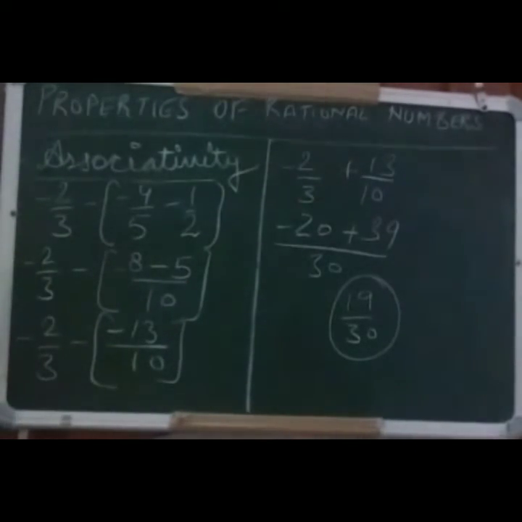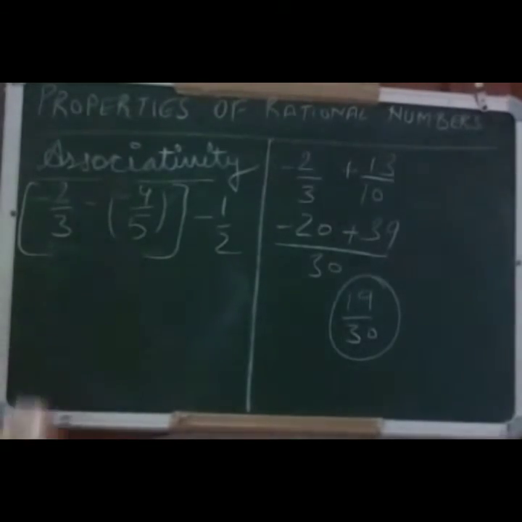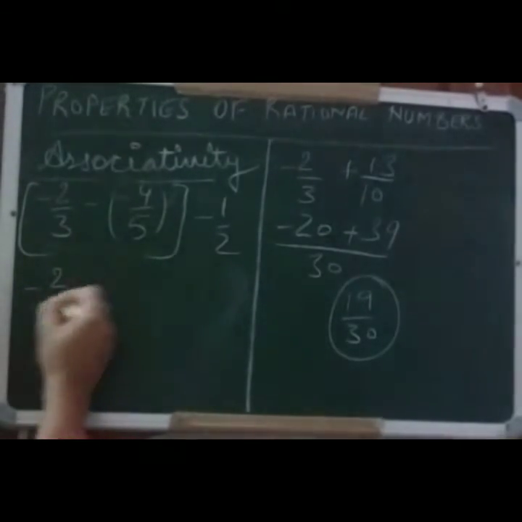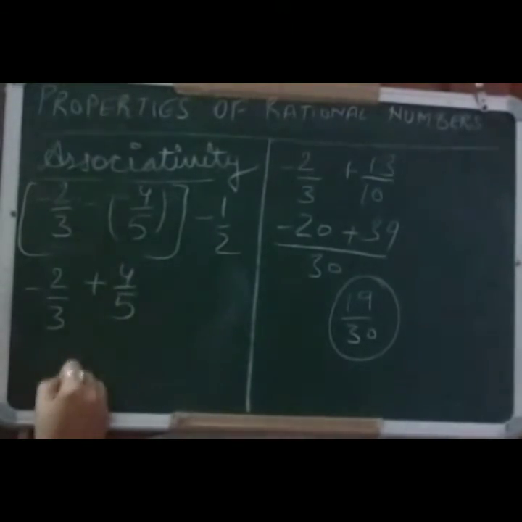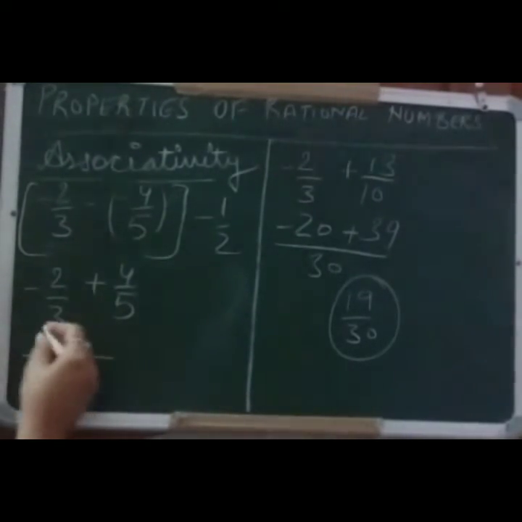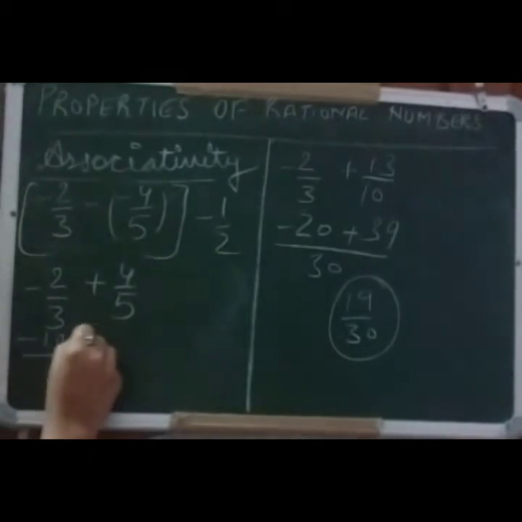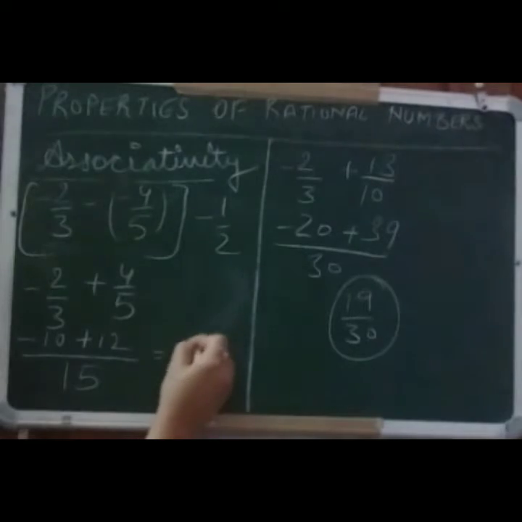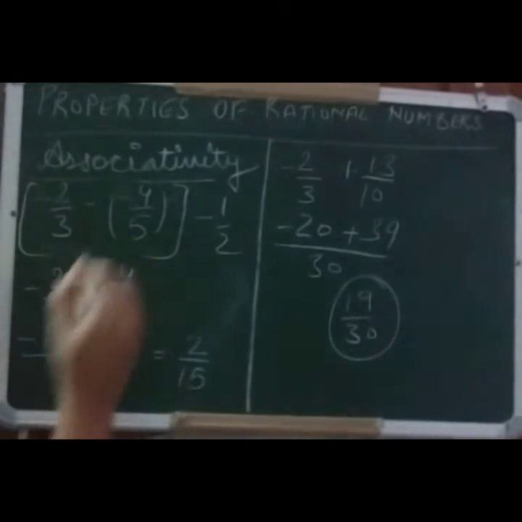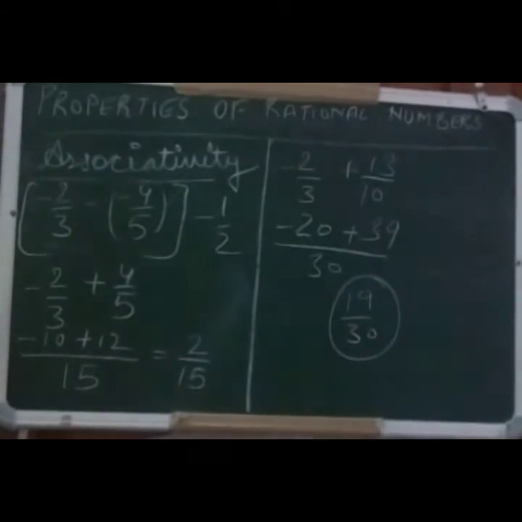Now we will change the arrangement. Now see here. Minus 2 by 3 minus plus 4 by 5. So the LCM will remain 15. It is 10, 12. So the answer is 2 by 15. Good. Now let's check here.